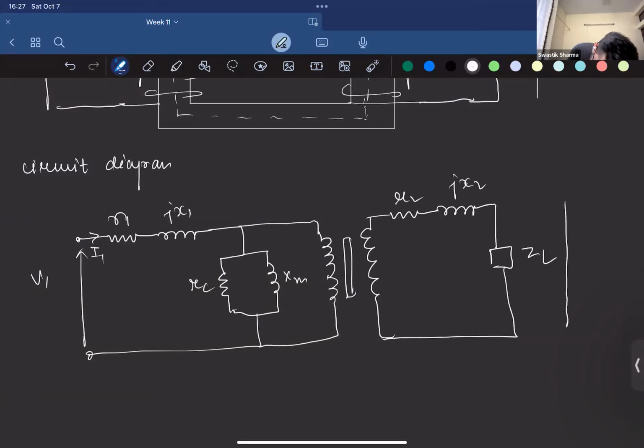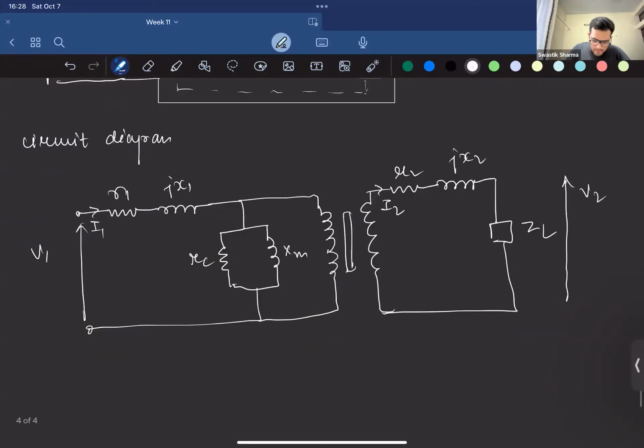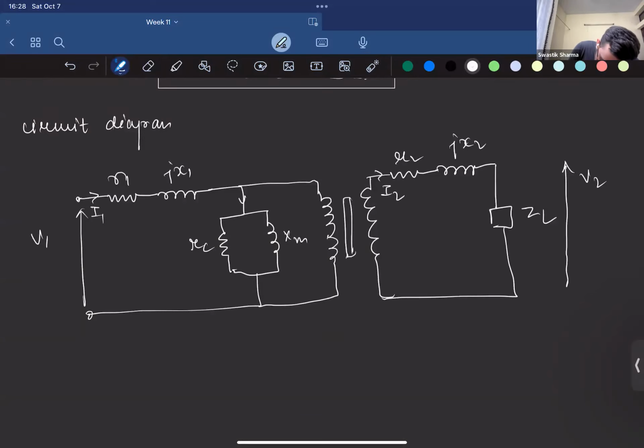This would be V2. This would be I2, right? So we have this. Now there will be I1 flowing, I naught over here, Ic and Im over here.